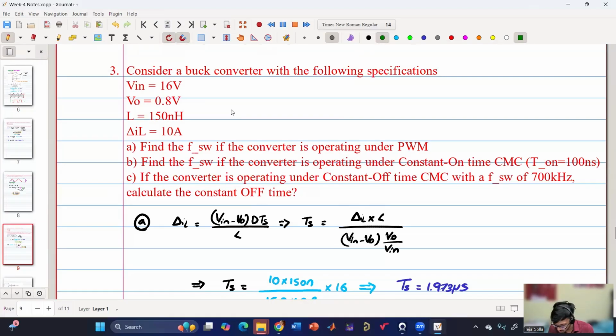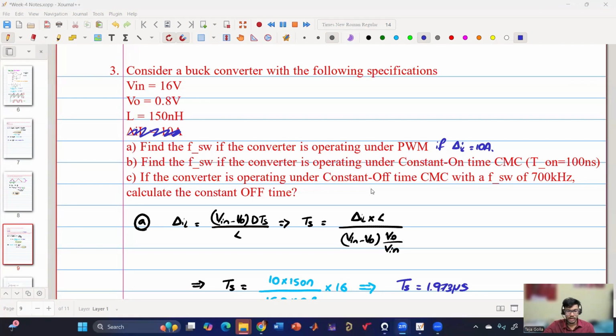So what I should have done is, if delta L is 10 ampere, this might be a mistake because I have given on-time. Maybe for that on-time, delta L may not be 10 ampere. So delta L is given only for the first part. In the second part, they have directly given on-time, so we are getting this switching frequency. This may be a mistake, so I have rectified it.